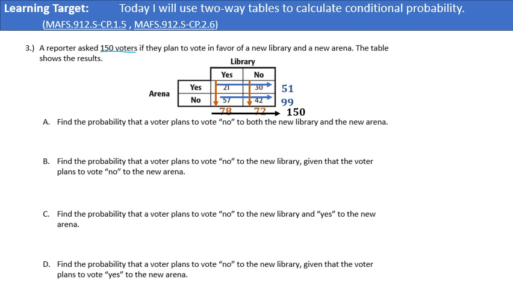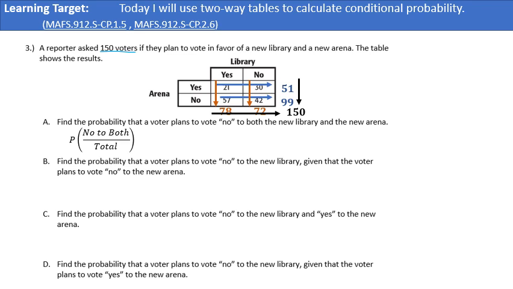All right, A. Find the probability that a voter plans to vote no to both the library and the new arena. All right, so do they say given that? No. So what's our denominator going to be? It's going to be the total voters, which is 150. Okay? So we want the probability that we say no to both over our total.